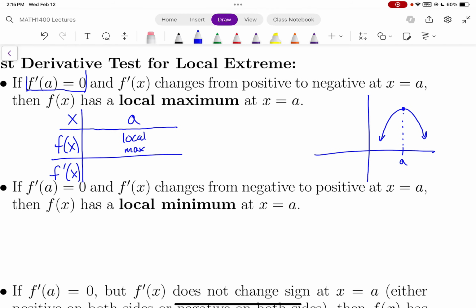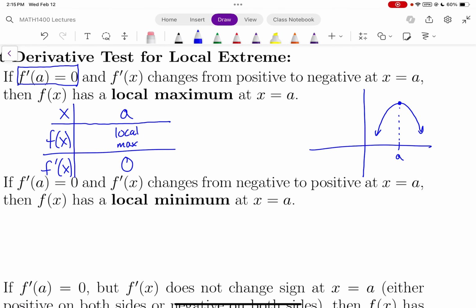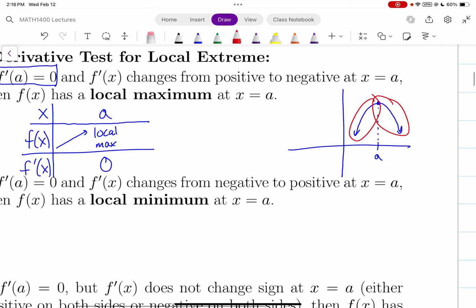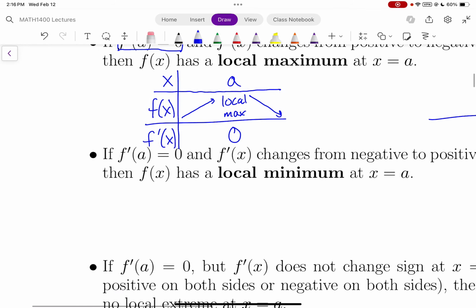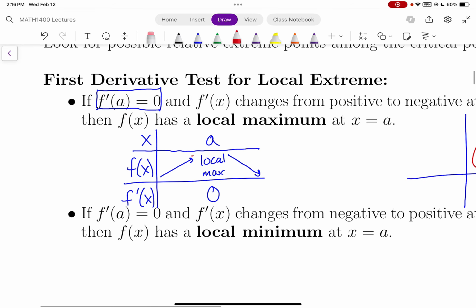Well, up here, it says f prime of a is equal to 0, so it's equal to 0 there. And what's happening before that local max? What is the function doing in this area? Well, it is increasing, so I'm going to draw this arrow going upwards, for an increasing function. Whereas to the right of that point, we're decreasing, so it's like this. So what happens with the function is that it increases, hits a local max, and then decreases.